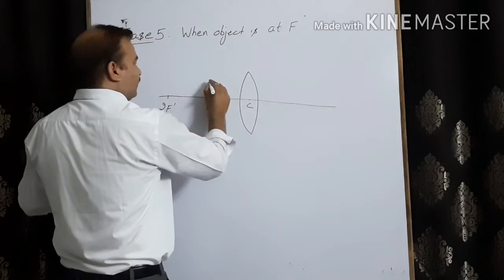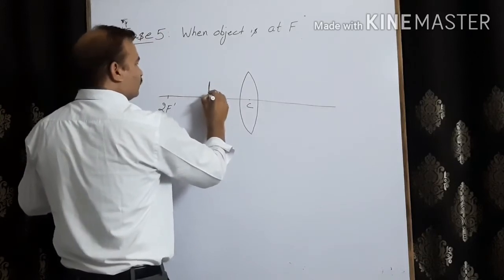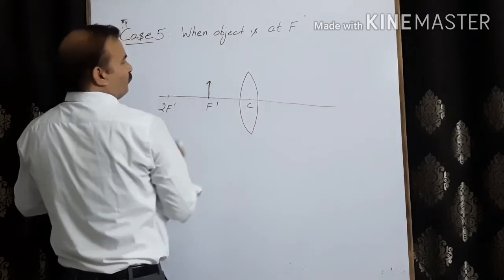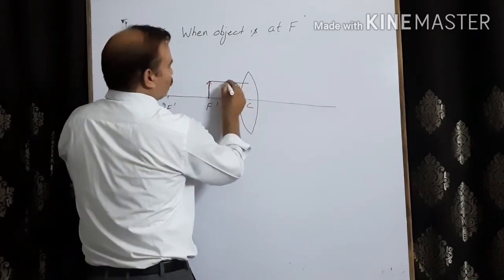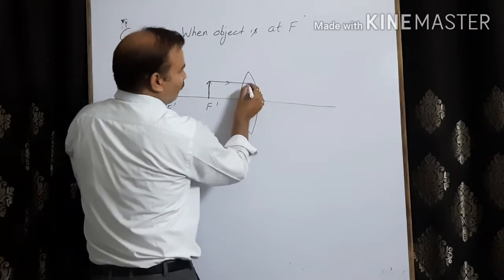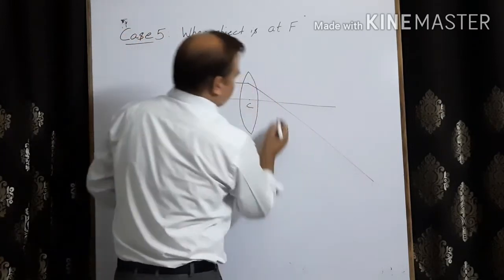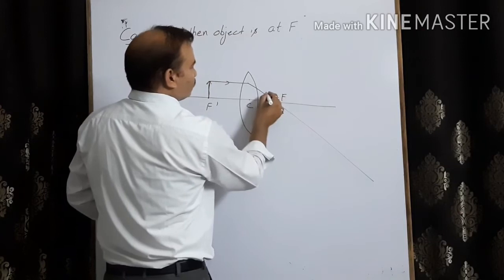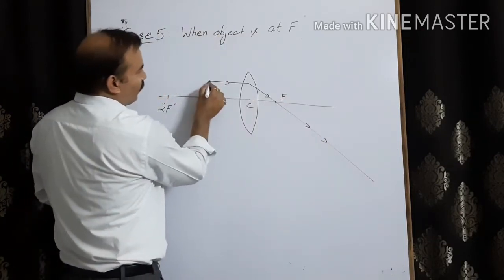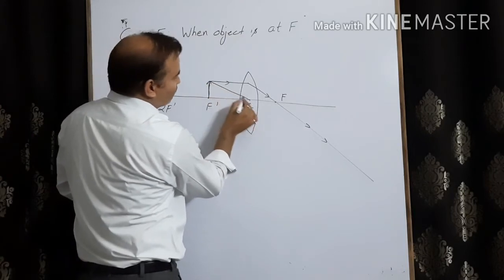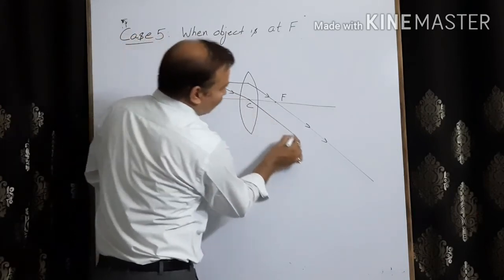Now when the object is at the focus, from here again we'll take two rays. First ray, a ray of light parallel to the principal axis, after refraction will pass through the focus. Second ray of light, which is passing through the optical center, will go undeviated.